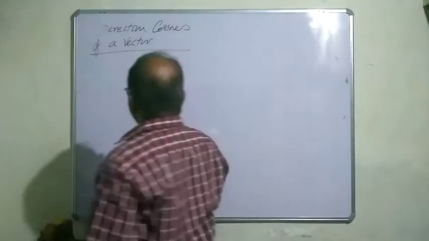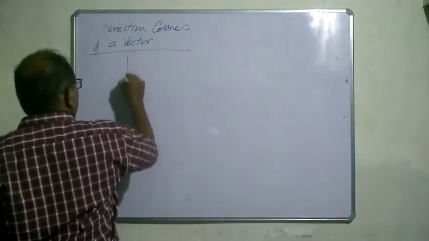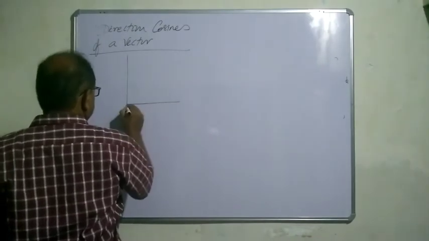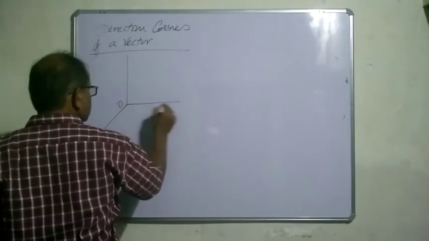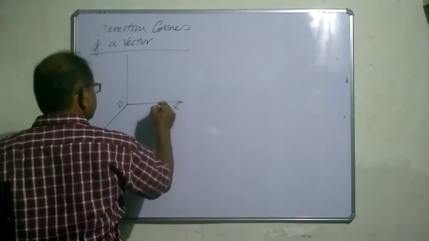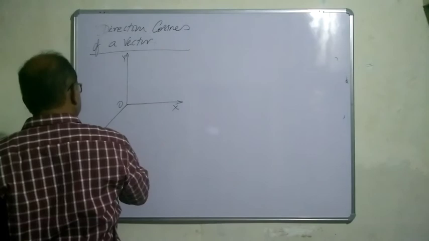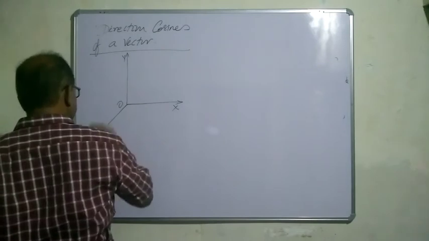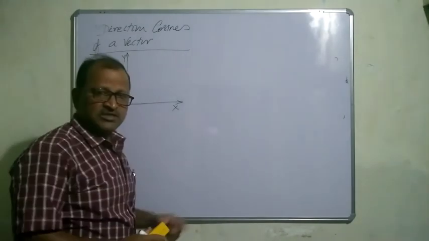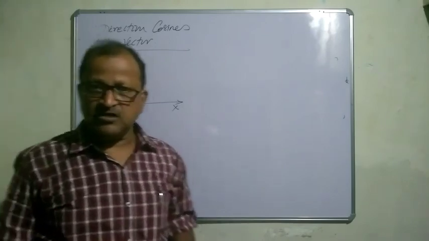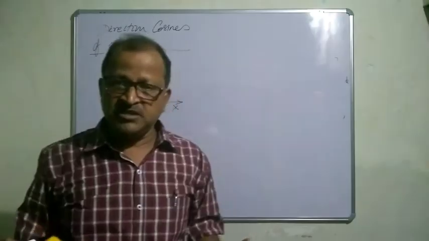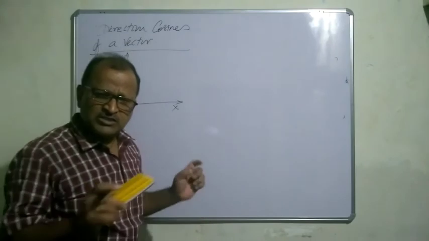Okay, suppose this is our coordinate space. This is say the x-axis, this is the positive direction of the axis. This is the z-axis. You see, in two-dimensional space, it is difficult to draw the three-dimensional coordinates, so we have to assume.